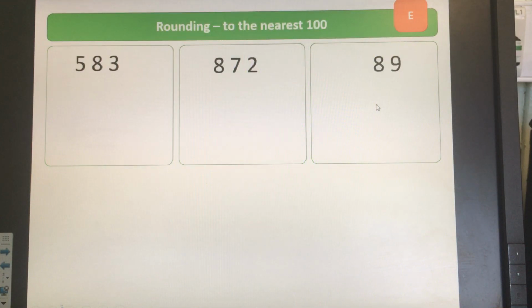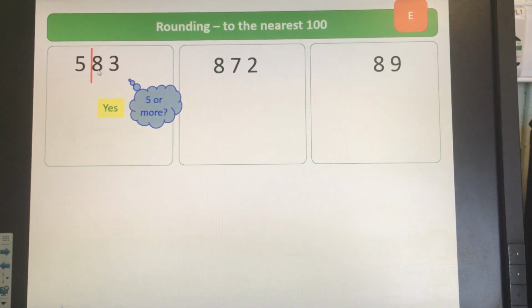Now we're going to look at rounding to the nearest 100. We have 583. This time, because we're rounding to the nearest 100, we look one place to the right, which is the tens column. Is it 5 or more?